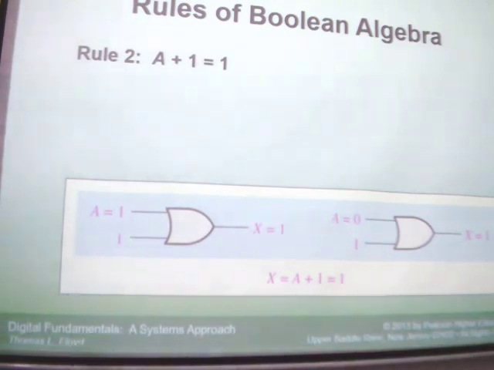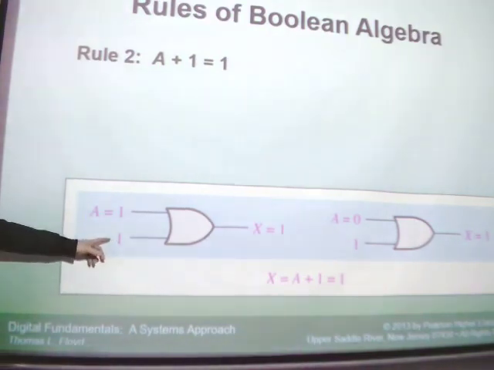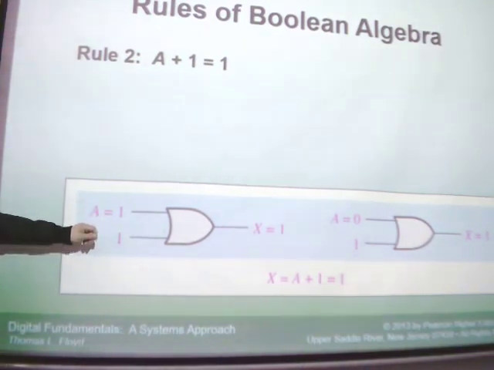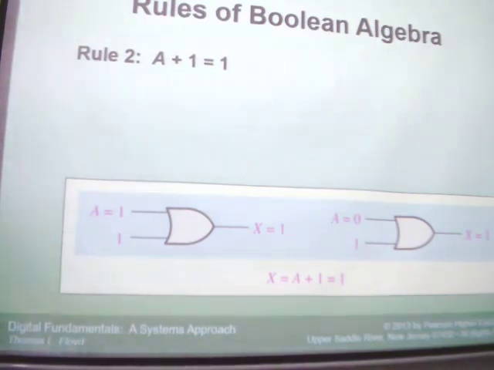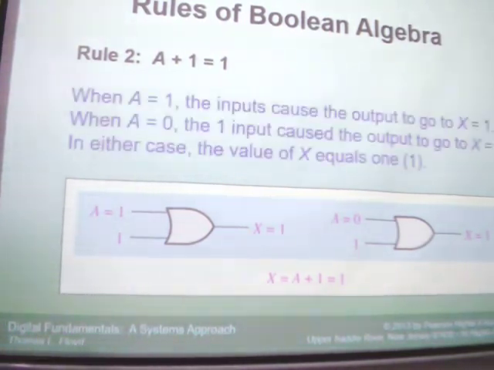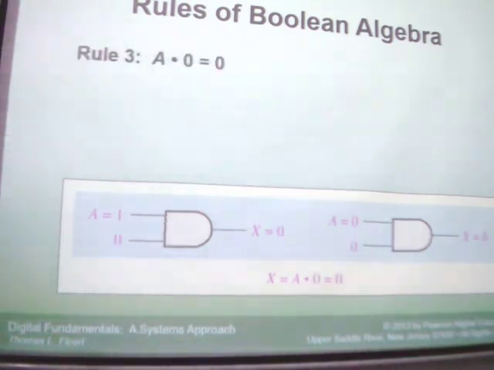Rule 2. A or 1 equals 1. Because 1 or 1 and 0 or 1 both equal 1. It is very easy to understand. Rule 3.